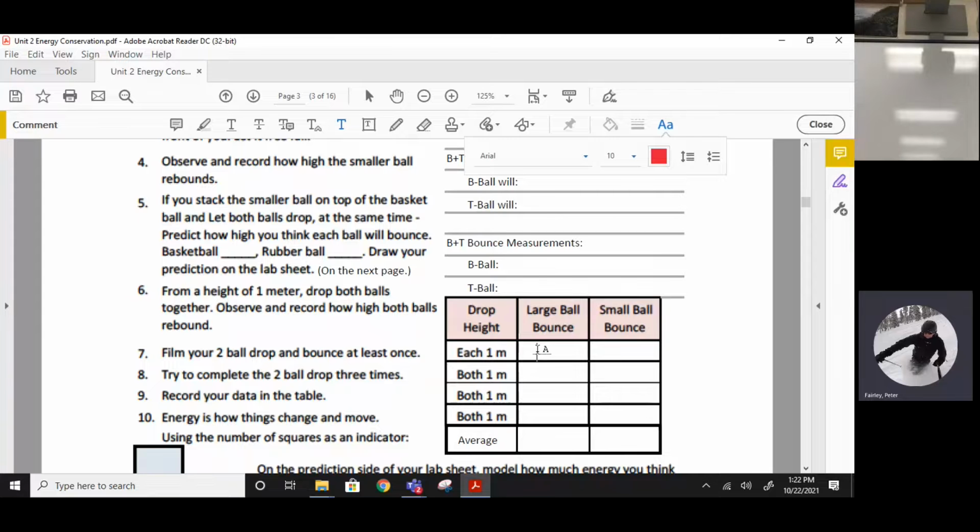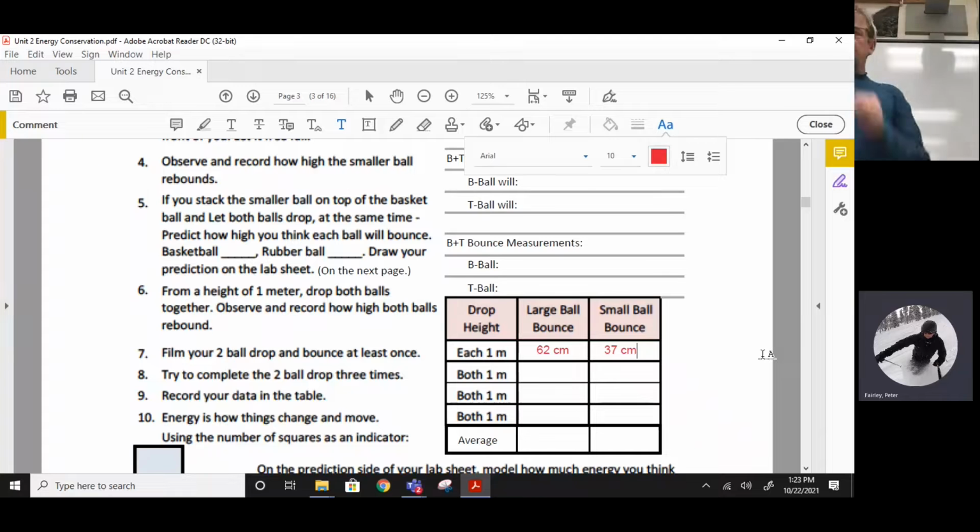So when the ball was dropped by itself, it bounced back about 62 centimeters. Meanwhile, the tennis ball bounced back something like 37 centimeters by itself.